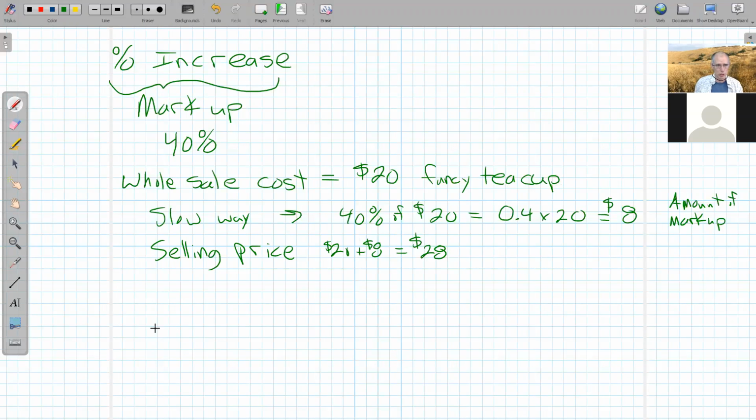So let's look at this as a picture. What does this look like as a picture? Let's start off down here: 10, 20, 30, 40, 50, 60, 70, 80, 90, 100. We always have to know what 100% is.